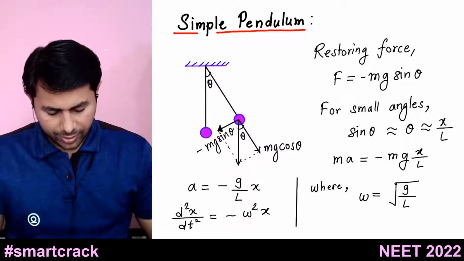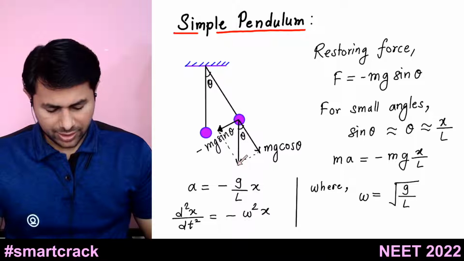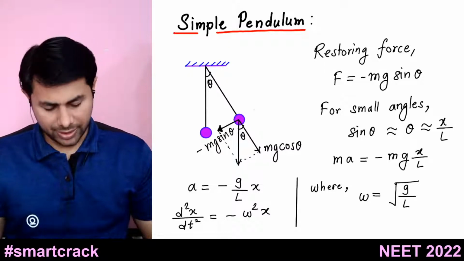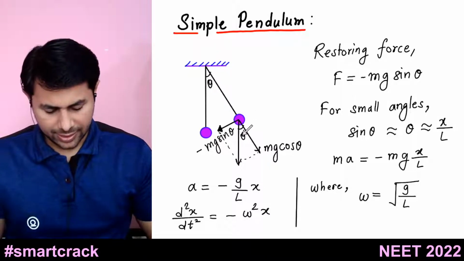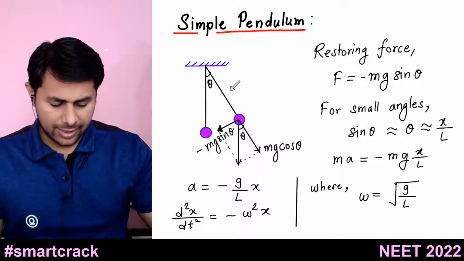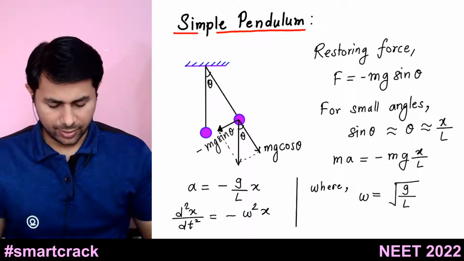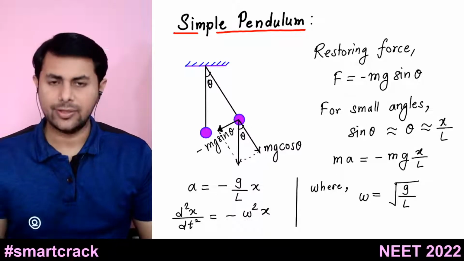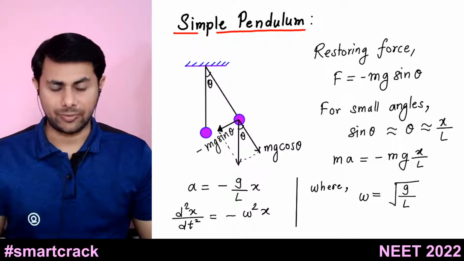All right, so this gravitational force mg can be resolved into two components. Since this angle is theta, this angle is also theta, because these two are parallel lines and this is an intercept. So these are corresponding angles and corresponding angles are equal.